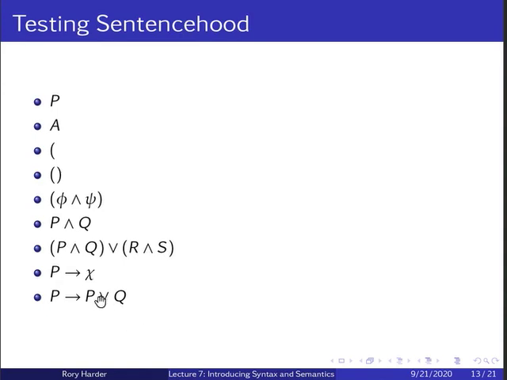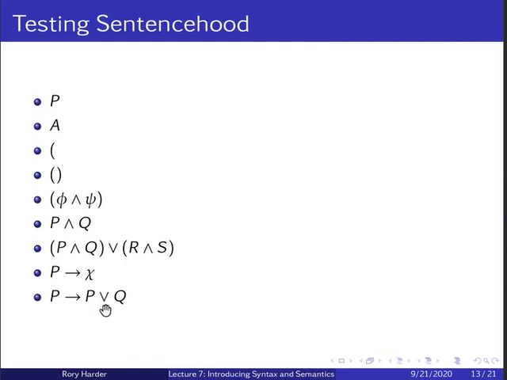So this sentence as I've written it is ambiguous. It's ambiguous between the case where the parentheses go around if P then P, so you could have parentheses around this conditional here, or you could have parentheses around the disjunction P or Q. Whichever way you do it, you'll get a different sentence.